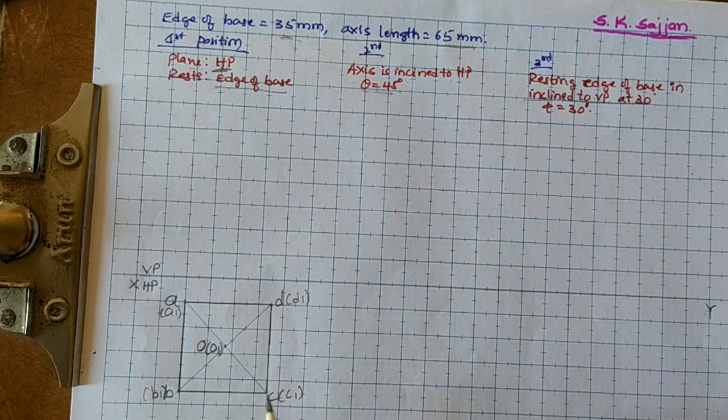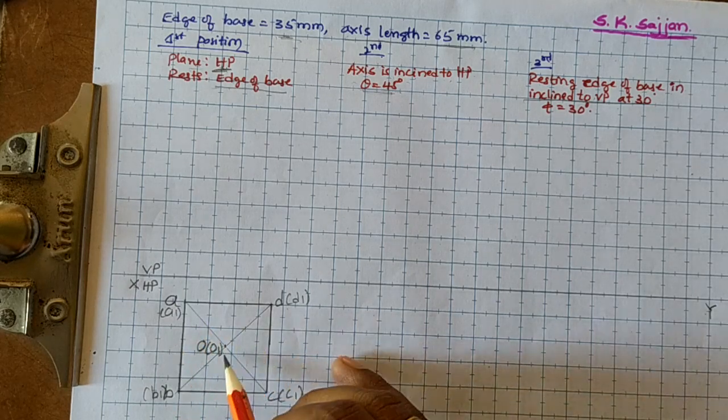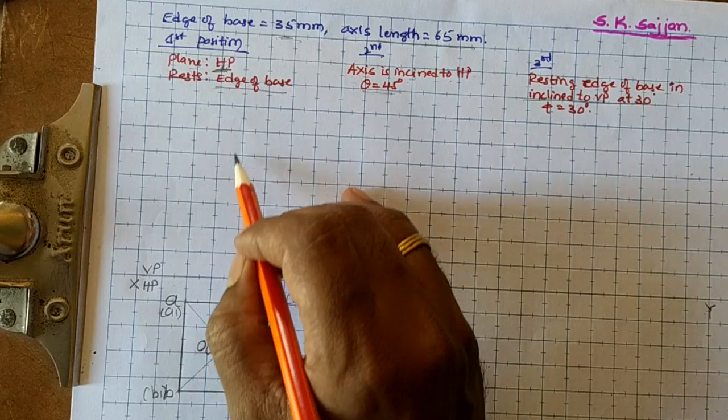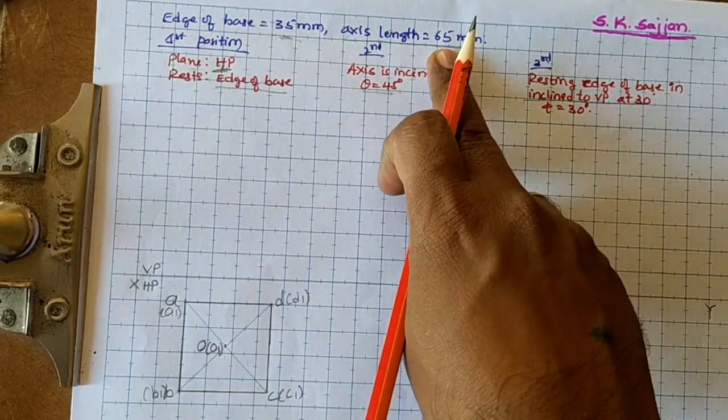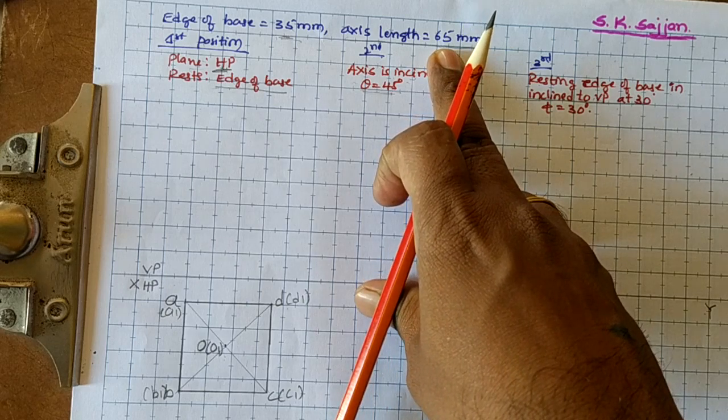Project the front view above the xy line, of height how much? 65 mm. That is nothing but the length of the axis.